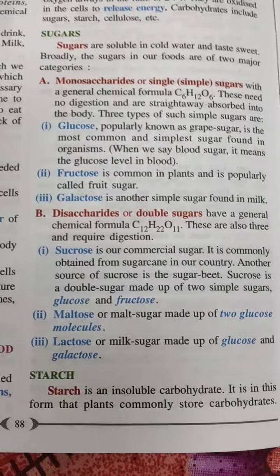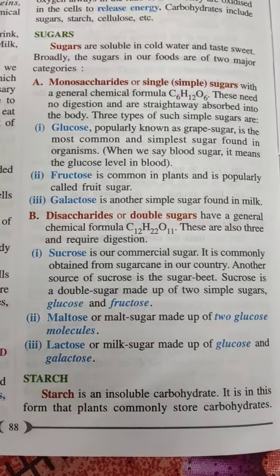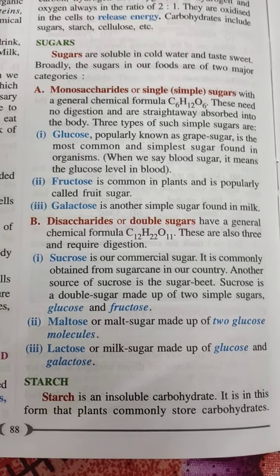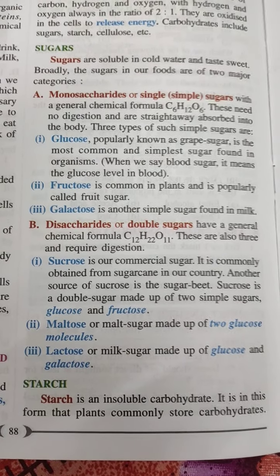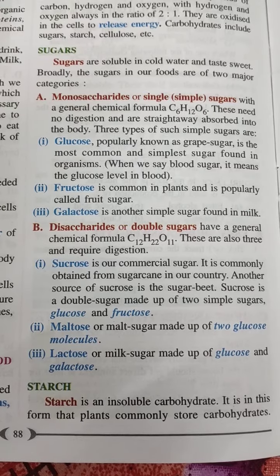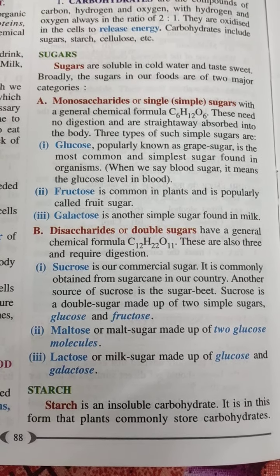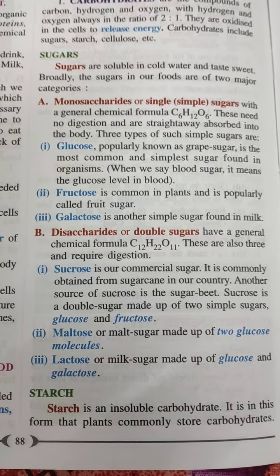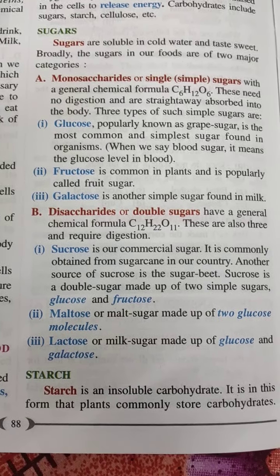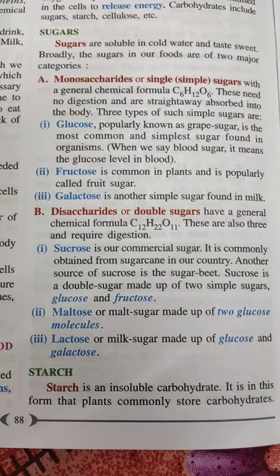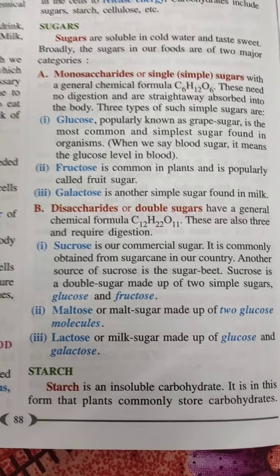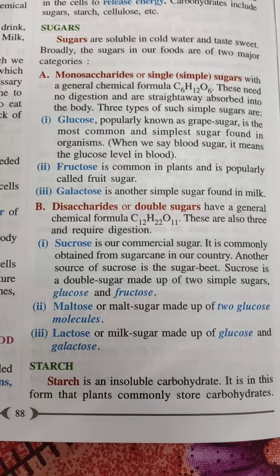Disaccharides, from the name we can understand mono means 1 and di means 2. So double sugars, and they have a general formula which is different from the monosaccharides, that is C12H22O11. There are again three types of disaccharides: sucrose, maltose, and lactose.